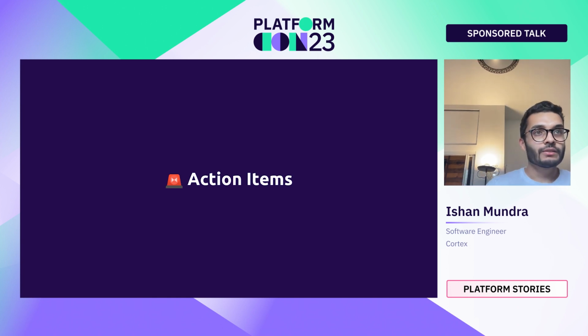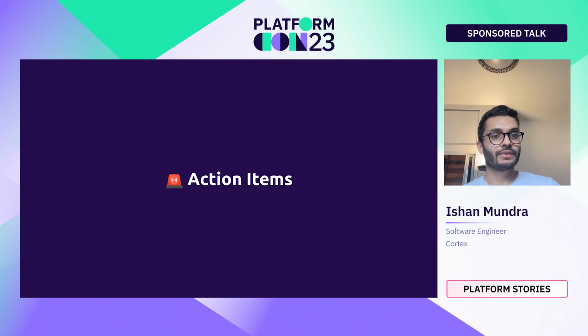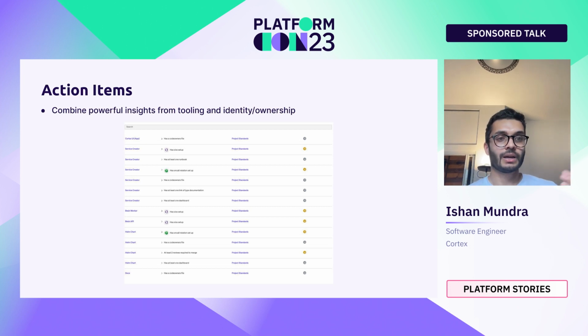So that's a high level overview of a lot of the implementation details that I wanted to talk about. I also wanted to showcase something known as action items, which I mentioned at the start. Now that we have data from all these different tools, we can combine them and generate powerful insights and give developers actual things to take action on.